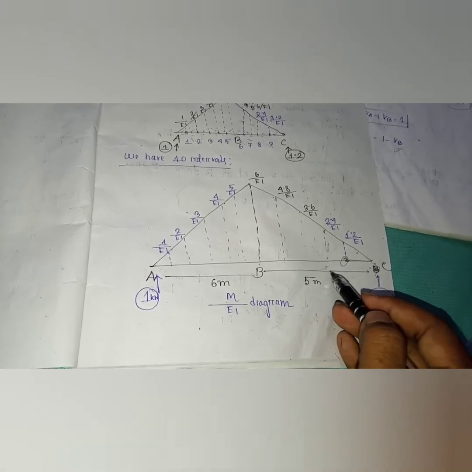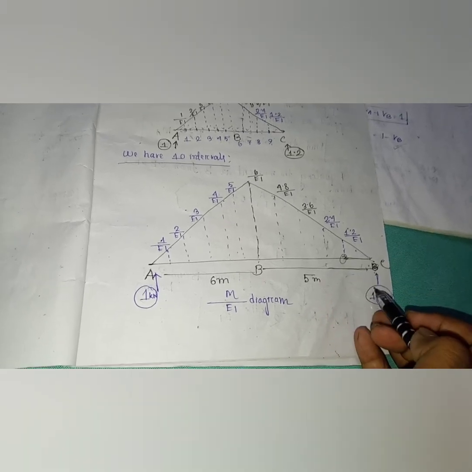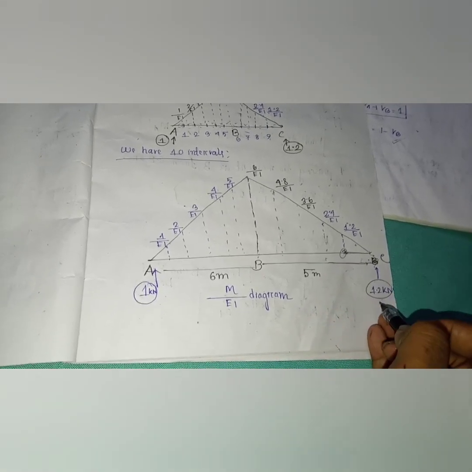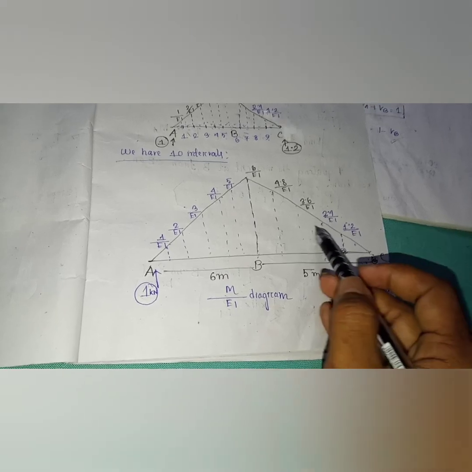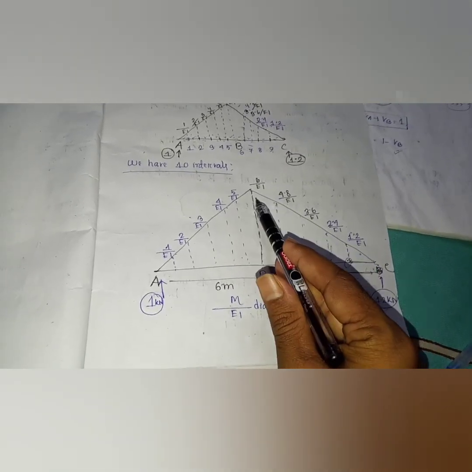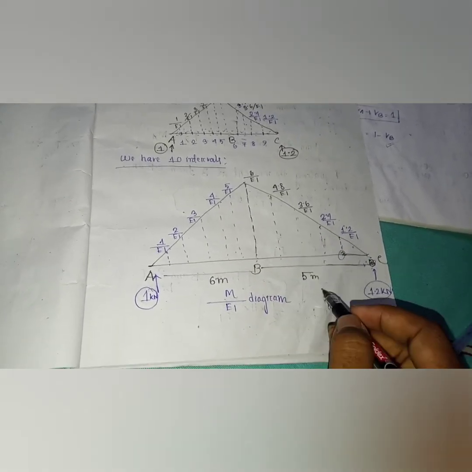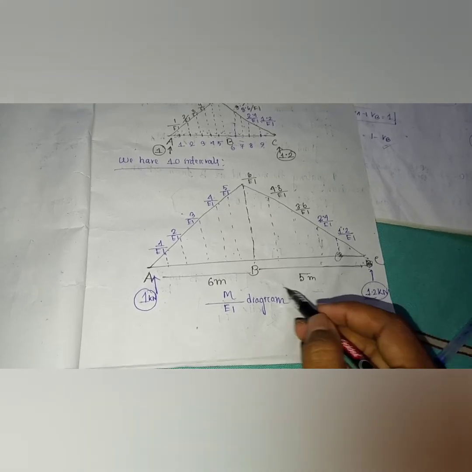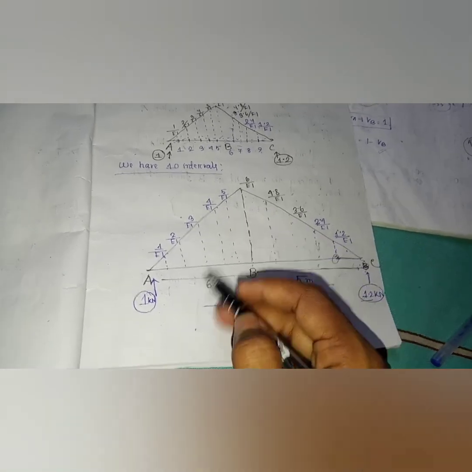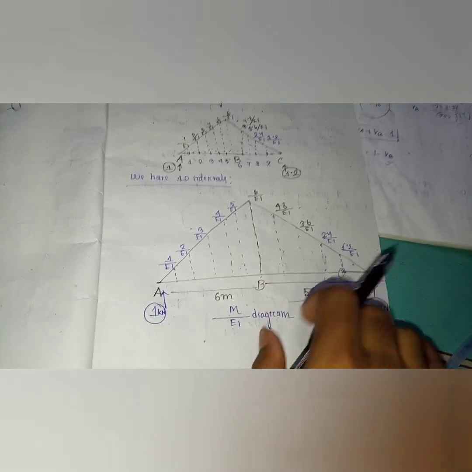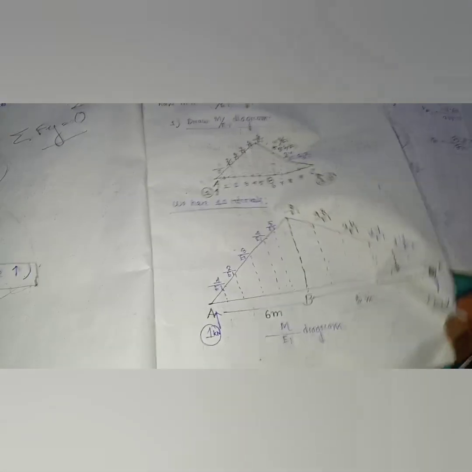And this distance is 2, then RC into 2 means what? 1.2 into 2 means 2.4, like that 3.6, 4.8, here 6 by EI. RC into 5, that means 1.2 into 5 means 6. So similarly we can get all these values.